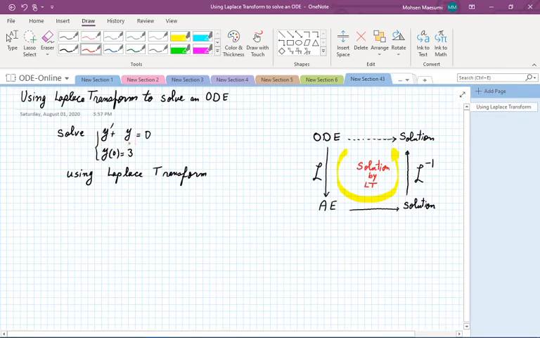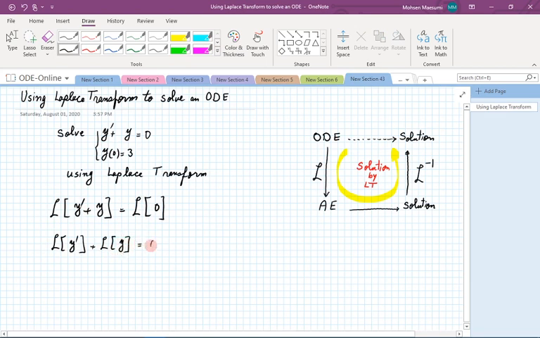So what we are going to do is to take a Laplace transform of the entire equation. So Laplace transform of y prime plus y, and right hand side we have an easy case, it's just Laplace transform of 0. The left hand side is Laplace transform of y prime plus Laplace transform of y, and right hand side, luckily we don't need to do anything. Well, we don't know what the function is, so Laplace transform of y, by convention we show it by Y of the new variable s.